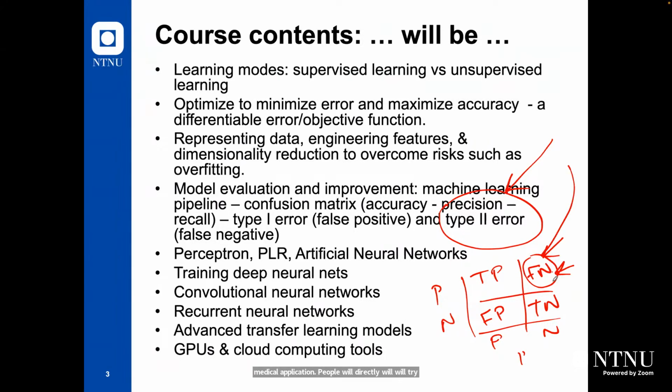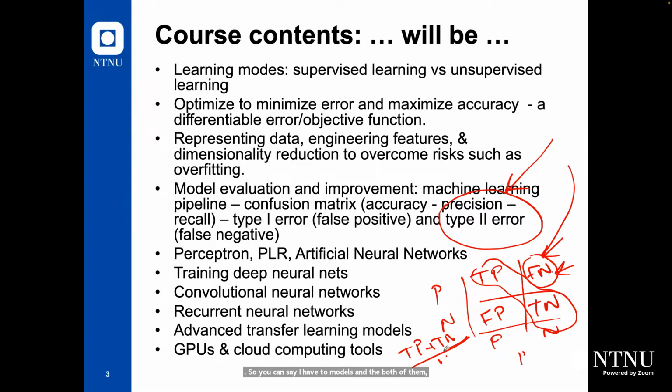Maybe from your point of view, you have two models, and the overall accuracy is good, right? Overall accuracy is true positive plus true negative divided by the total number of examples, n. So this is my accuracy. We can say I have two models, and both of them have the same accuracy.